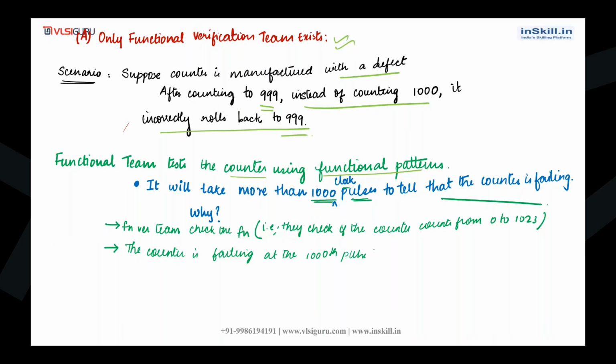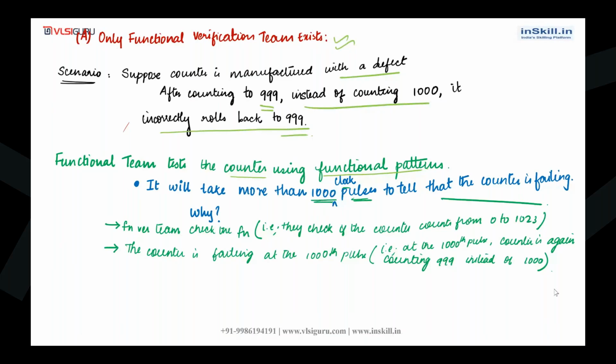So the counter is failing at the 1000th pulse because at that pulse, the counter is again counting 999 instead of 1000.